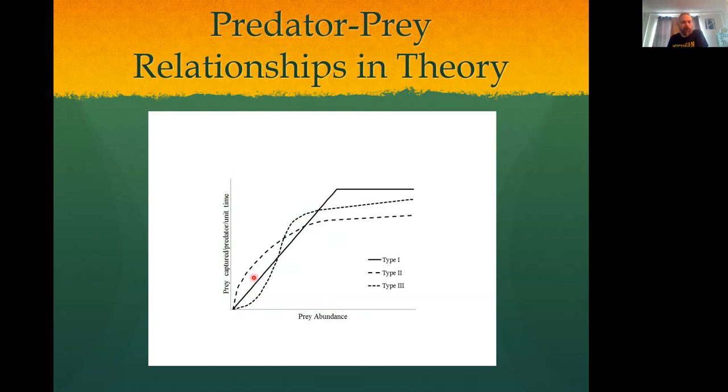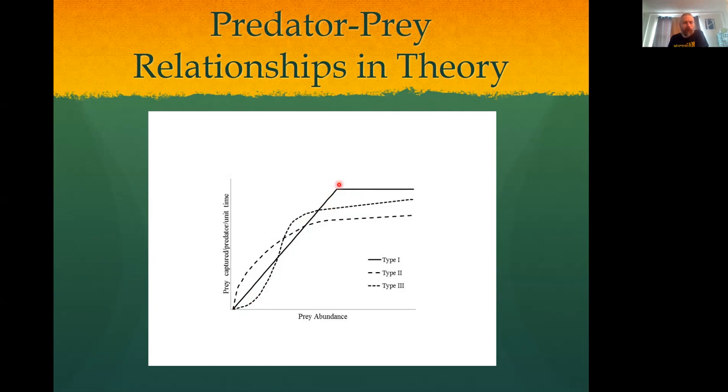This is something we might expect to see in prey items that don't hide very well or are highly abundant, right? Eventually, it's going to taper off. Eventually, we get to a point where we have a flat line. At this point, there's simply not enough animals to capture, right? You can only fit so much in your mouth at one time, right?